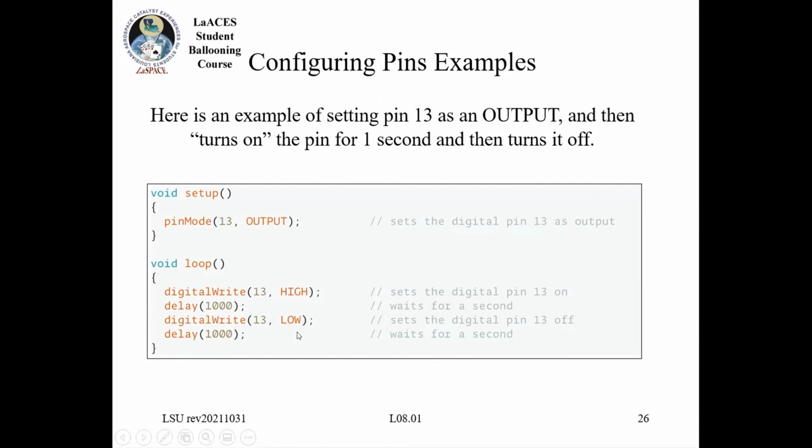Now I'm at the end of the loop and I go back to the beginning. So now I've set pin 13 to high, wait a second, set pin 13 to low, wait a second, and basically continue to do that until the Arduino is powered off.